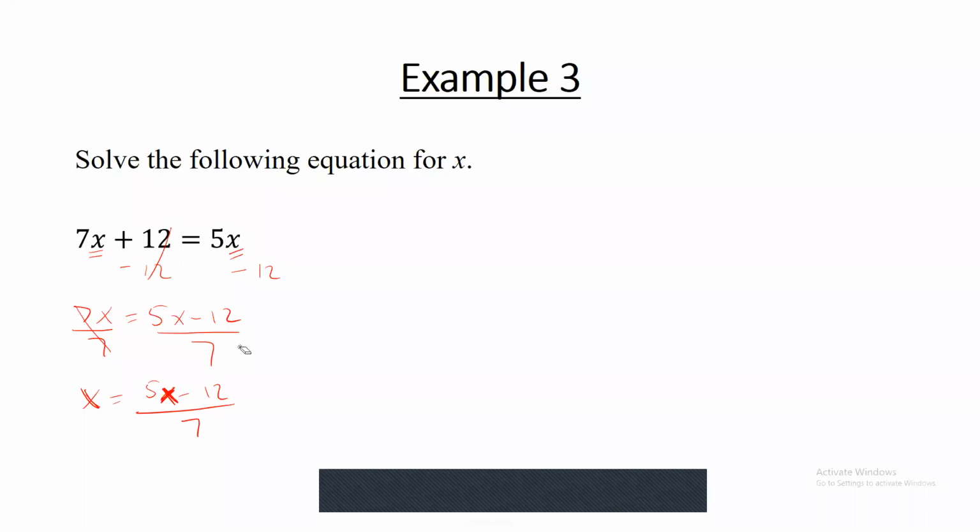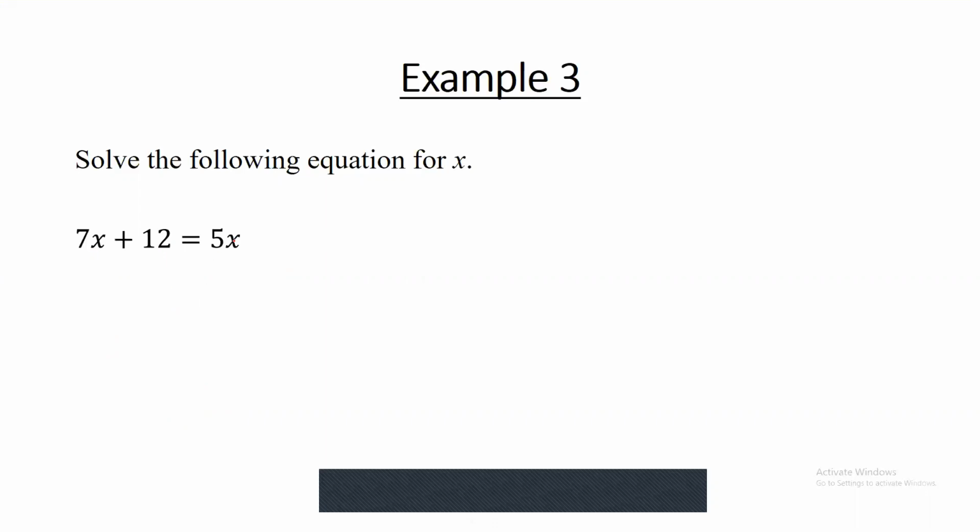So we can't be in the mode of let's isolate x until we make sure that our x's are just on one side of the equation. Could be on the left side, could be on the right side. So we have two choices.